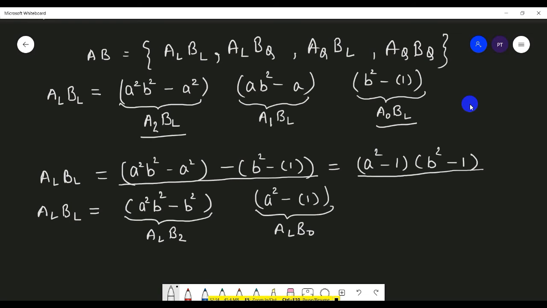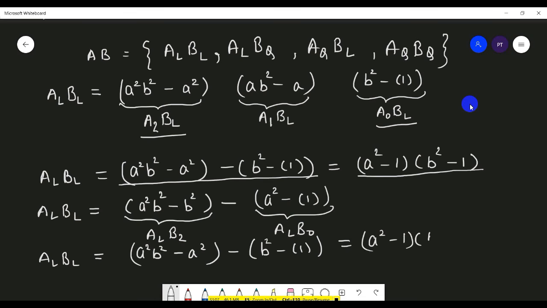So utilizing these two linear effects of A, we find the difference between the two. I am just rearranging the terms, and if you notice, this is same as the formula that we just obtained above, and this again simplifies to A square minus 1 into B square minus 1.